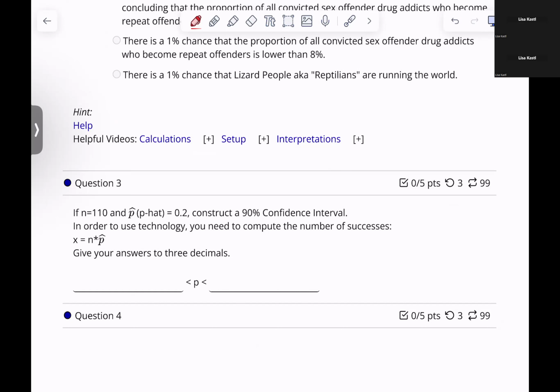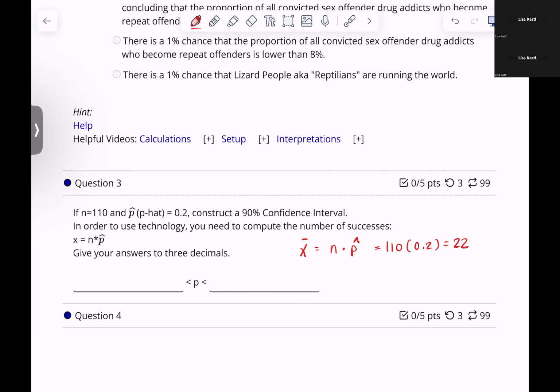I'm not given X, I'm given p-hat, or p prime, they're the same thing. So X is n times p-hat. So it's 110 times 0.2, which is 22. And so I'm going to put into my calculator 22 for x, 110 for n, and 90% confidence.